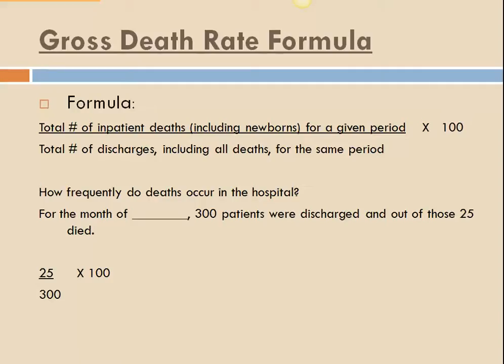So we're going to keep all of the deaths in that number that we're putting on the bottom for the same period. So total number of inpatient deaths, including newborns, for a given period, divided by the total number of discharges, including the deaths, for the same time period, and then multiply by 100 since we're calculating an inpatient rate.